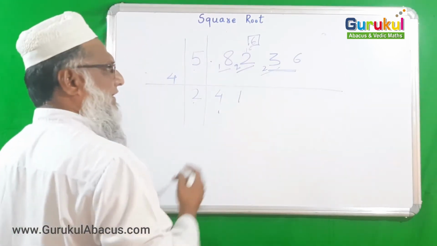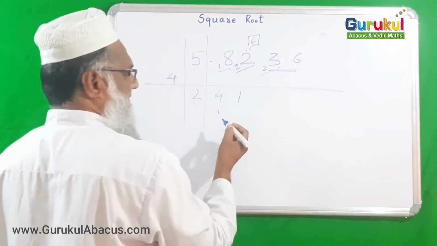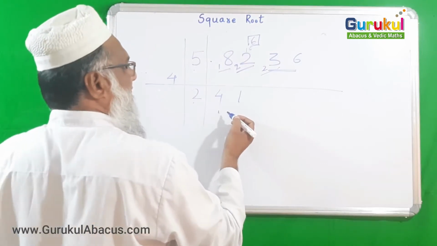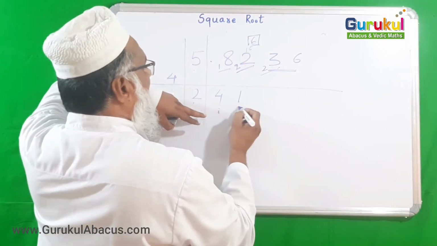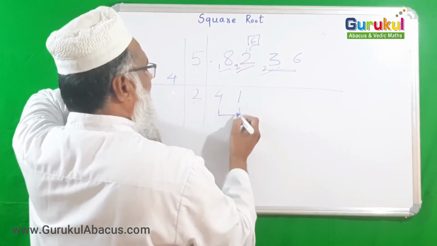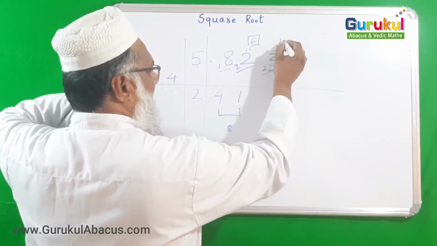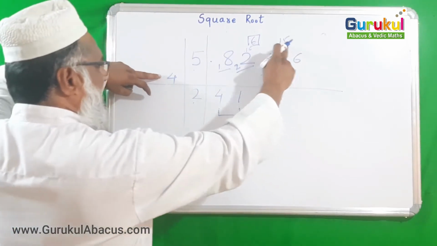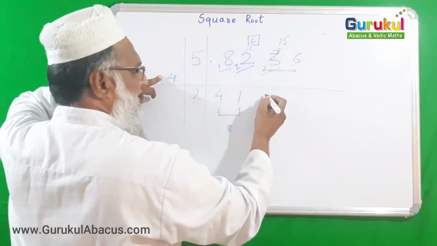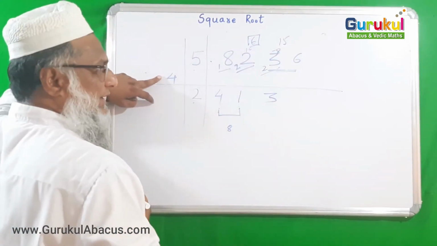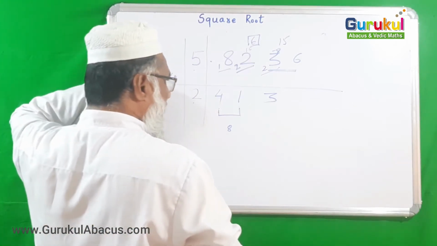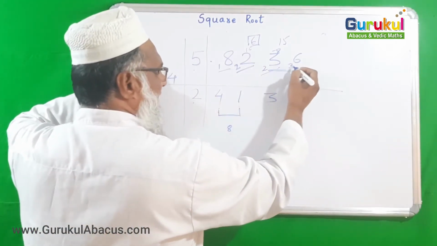So there are now 23 for me. And now, with 23, I should subtract the dvandva of 4 and 1 from it. 4 1s are 4, its double is 8. Subtracting 8 from it, I am getting 15. And with 15 I can say 4 3s are 12, and remaining 3, that I am writing here.